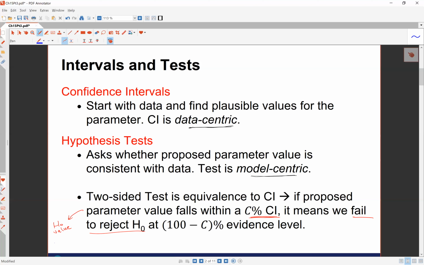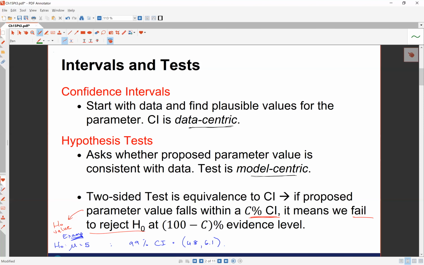Let's say your null hypothesis is that the population mean is equal to 5. Right, this is just an example for illustration. And let's say you construct a 99% confidence interval, and that is the range of values from 4.8 to 6.1.